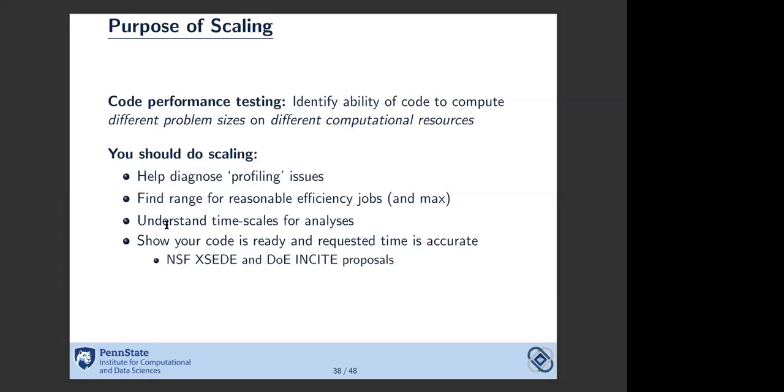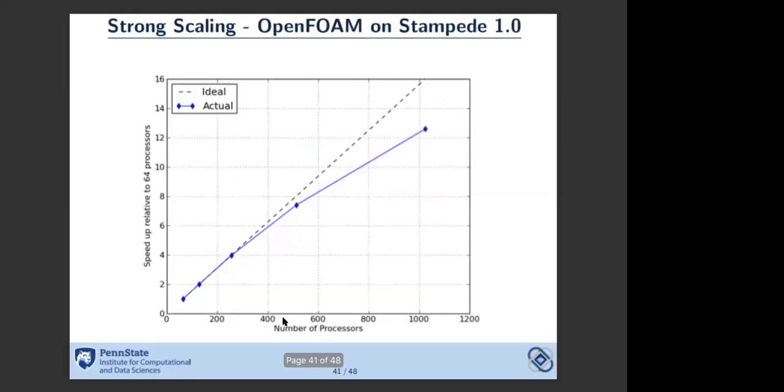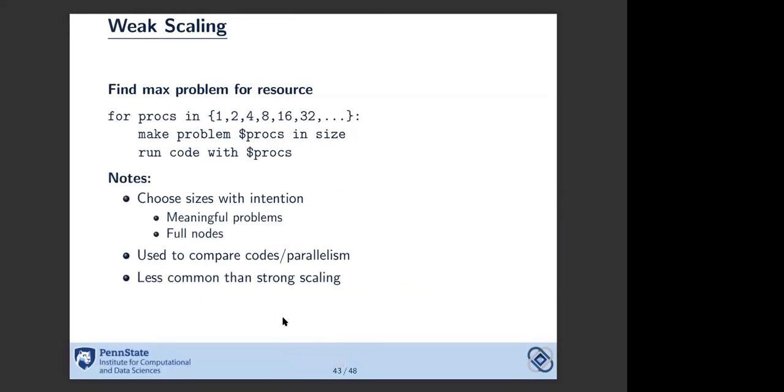So maybe you run on 1 core, 2 cores, 4 cores, 8 cores, 16, and you just keep increasing the number of cores, or 1 node, 2 nodes, 4 nodes, etc. And you analyze how the performance changes as you increase the resources. That's an example of strong scaling. Weak scaling is where you fix the amount of work per resource.